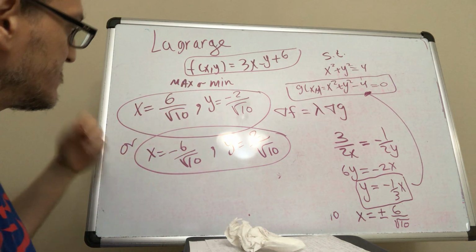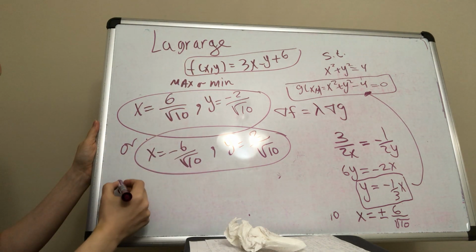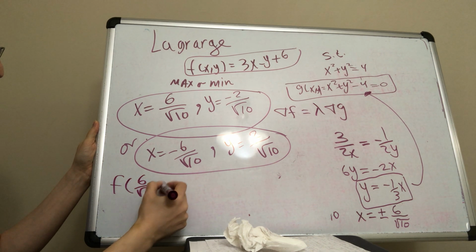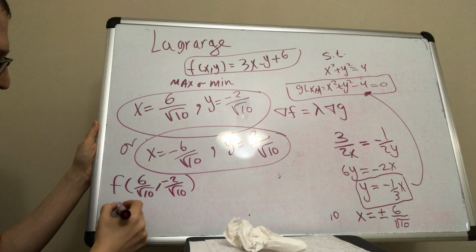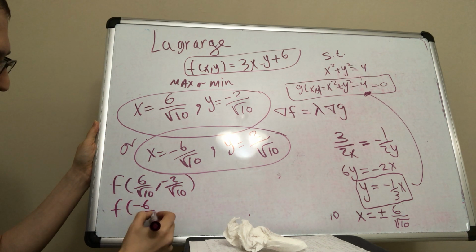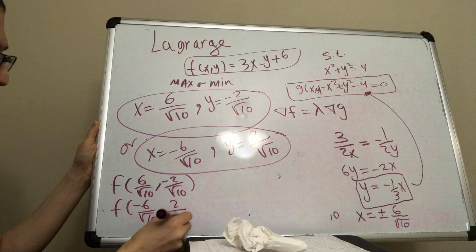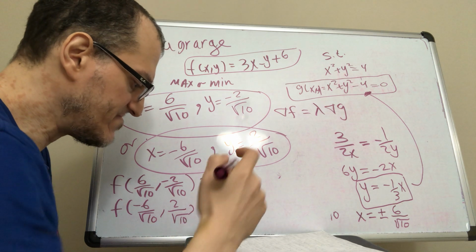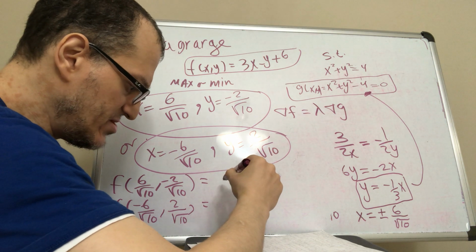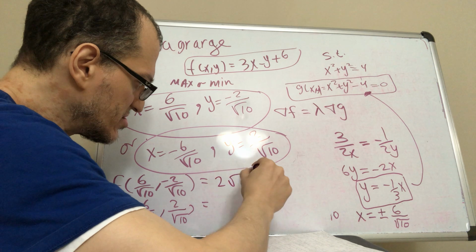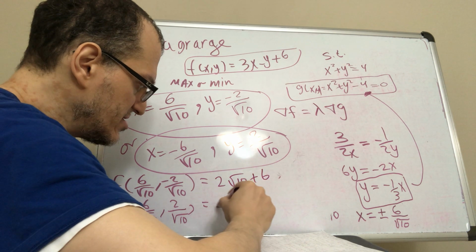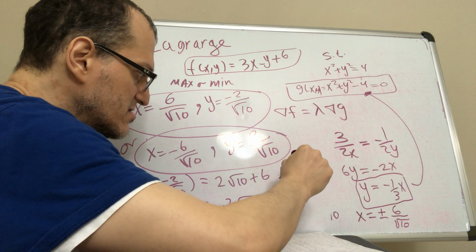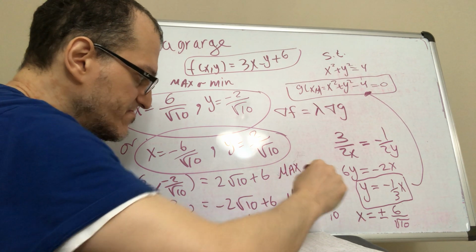Since you're maximizing, you plug them both into the function. If you plug them in, for this one you get 2 root 10 plus 6, and here you get minus 2 root 10 plus 6. That's your max, and that's your min.